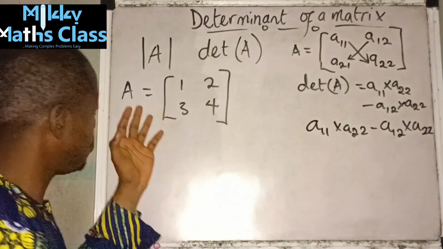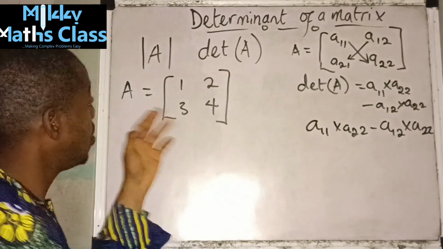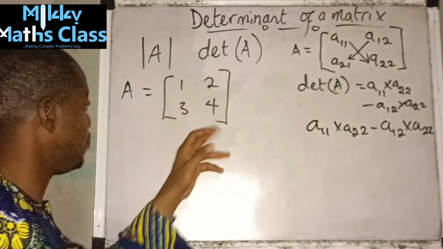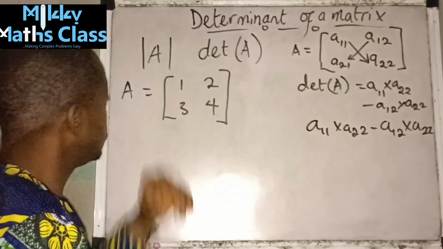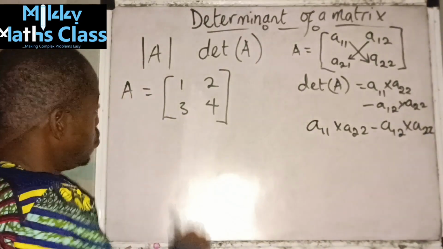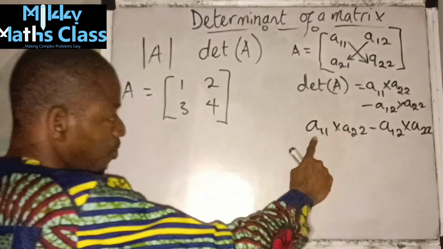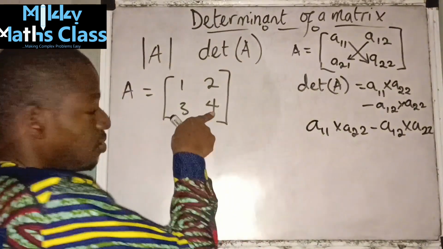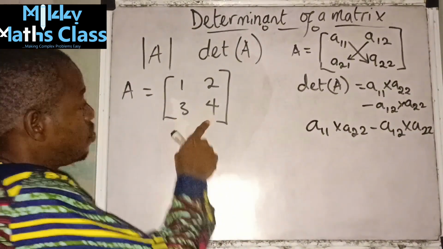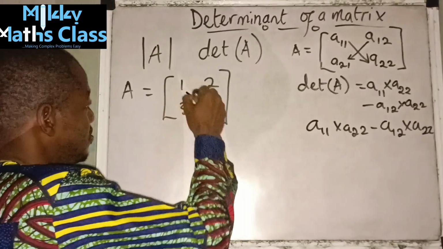Let's bring it back here. If you have an example, this is a 2 by 2 matrix. A equals 1, 2, 3, 4. These are the elements. This is the first element, row 1, column 1, so this times this, row 2, column 2. So we go like this.